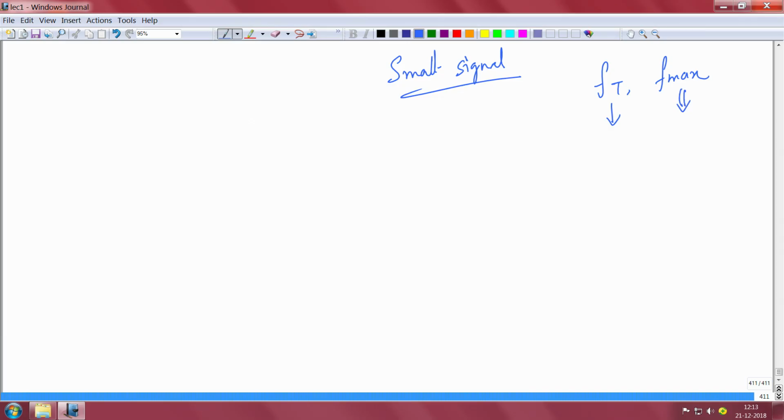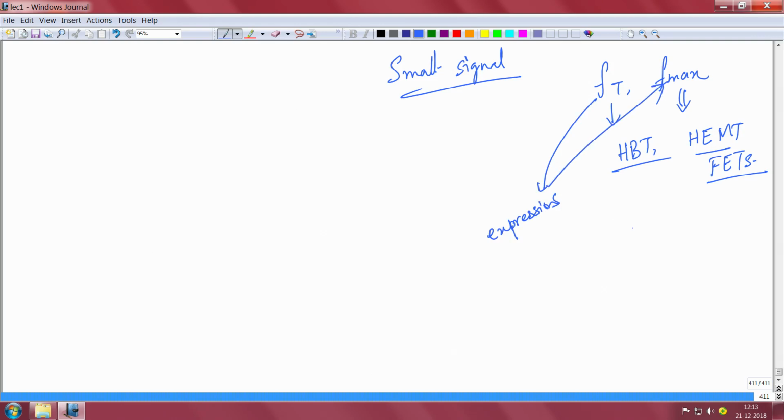So, now HBTs and HEMTs or FETs will each have their own distinct small signal model that will tell you the expression for exactly this cutoff frequency for FT or cutoff frequency of Fmax.